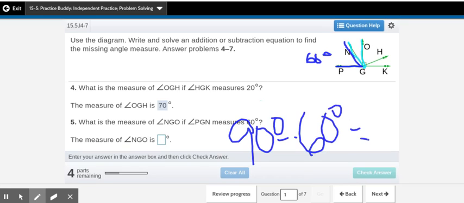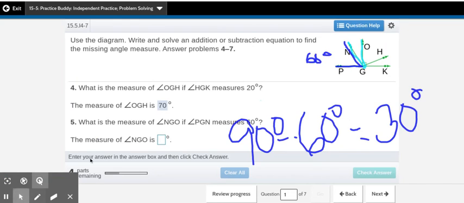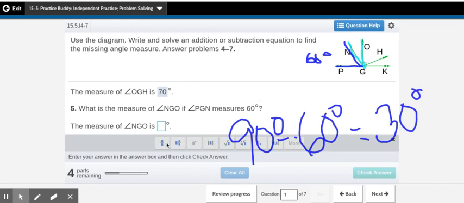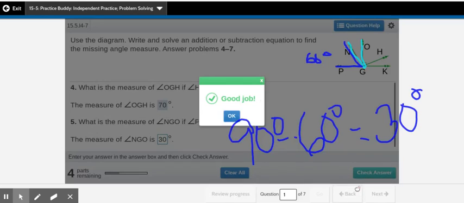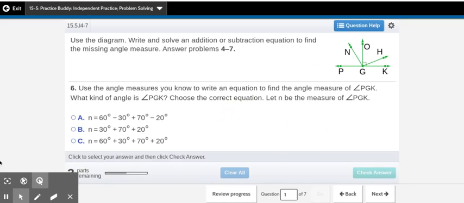And I know that 90 minus 60 equals 30 degrees. So that NGO is going to be 30 degrees. Let me check my work. Good job.